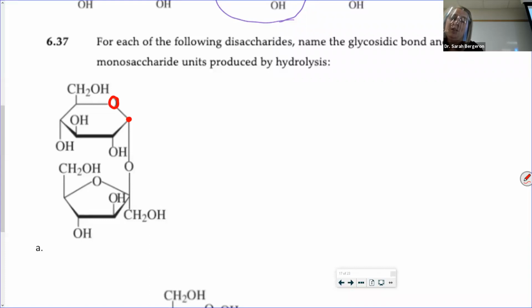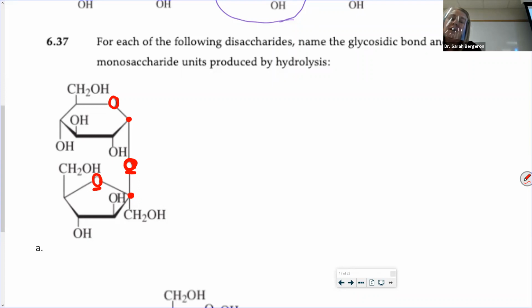Here's 1 oxygen, here's another oxygen, right? So that's my anomeric carbon on one of them. Where's my other anomeric carbon? Right here, because I'm bound to 2 oxygens. It's that same oxygen.